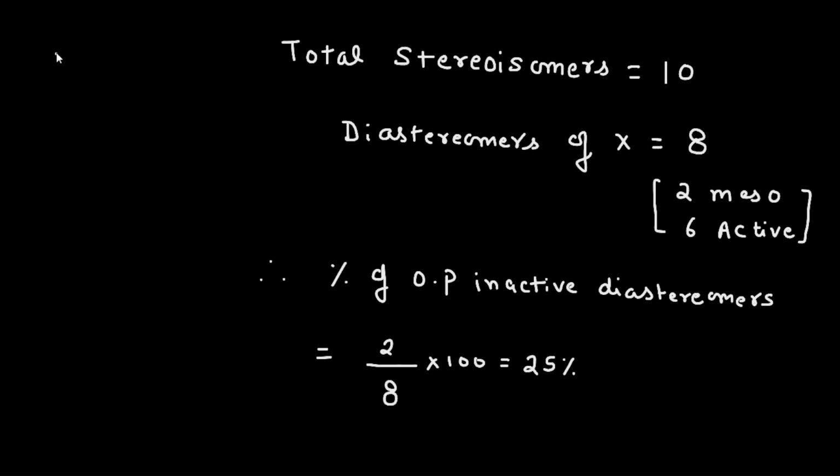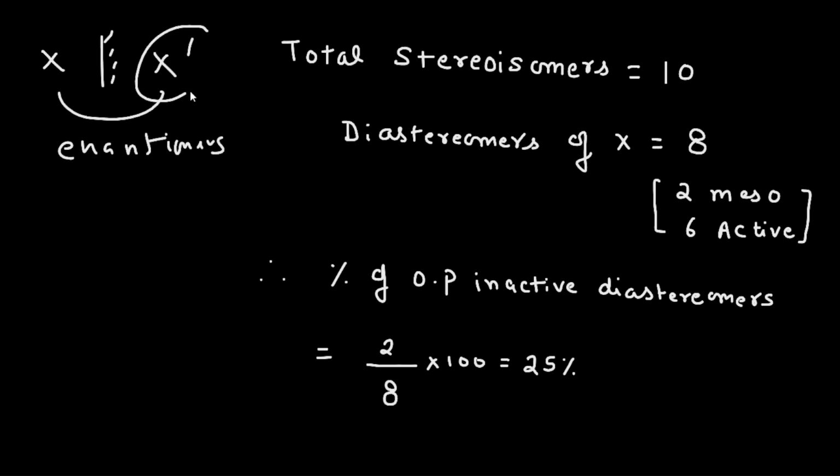If there is a compound X, you draw its mirror image, you will get X dash. These two are enantiomers, and therefore this X dash cannot be a diastereomer. This is a very important thing. So the X dash, which is the enantiomer, must not be taken as a diastereomer.